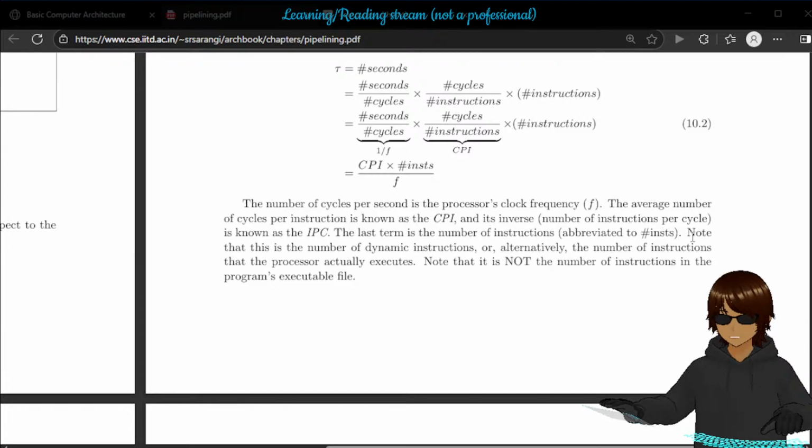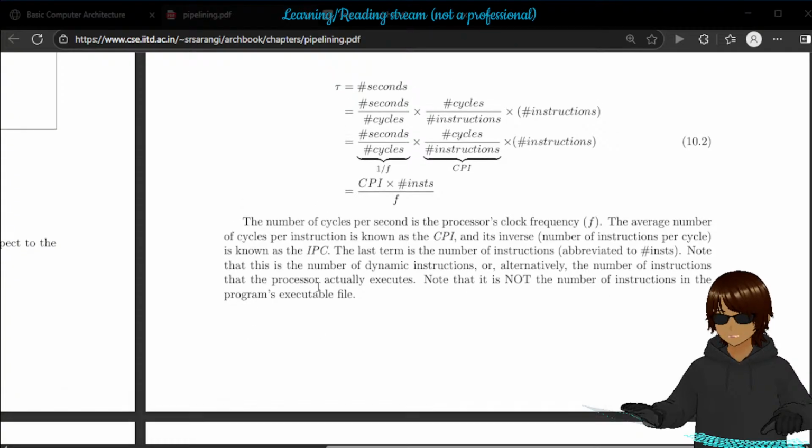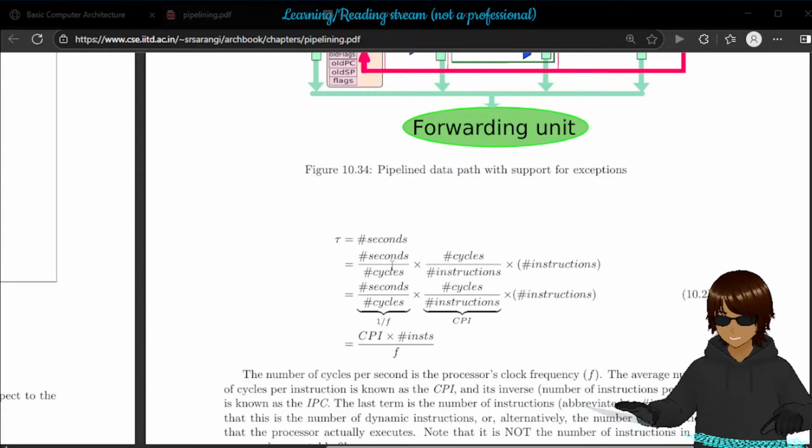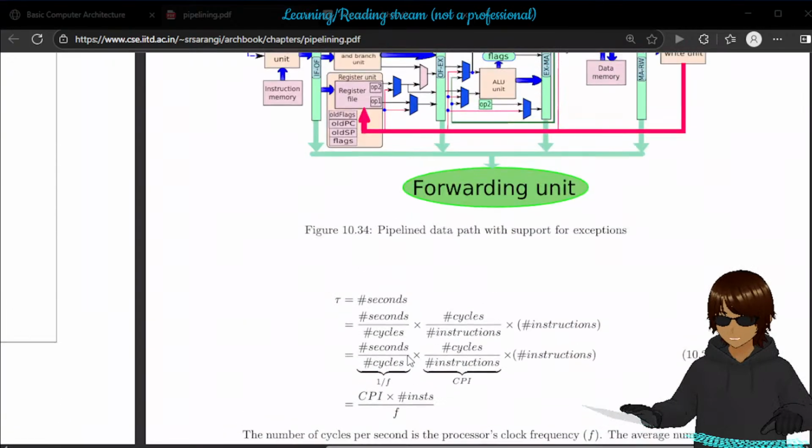Note that this is the number of dynamic instructions, or alternatively, the number of instructions that the processor actually executes. It is not the number of instructions in the program's executable file. So we have seconds per cycle, times cycles per instruction, times the number of instructions. That is, CPI times the number of instructions divided by the frequency.